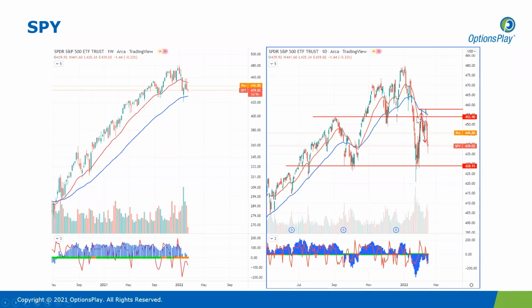But it did look like a pretty obvious pullback and a continuation and breakout to a new higher high, maybe around 470 as a potential target. But obviously with the macro politics essentially providing a bearish catalyst, we have seen a rejection by this 457 level and a strong move lower here, despite the positive bounce that we are getting this morning.